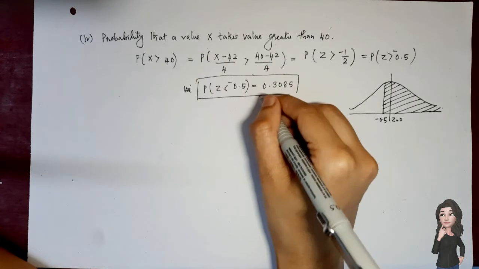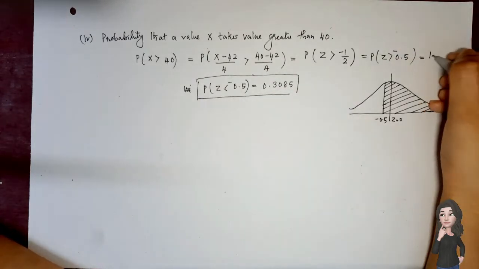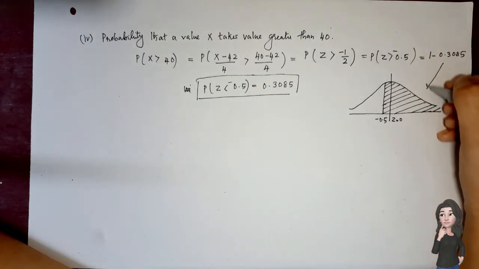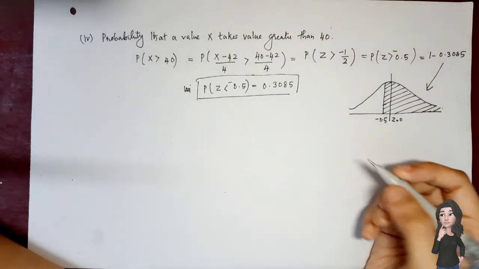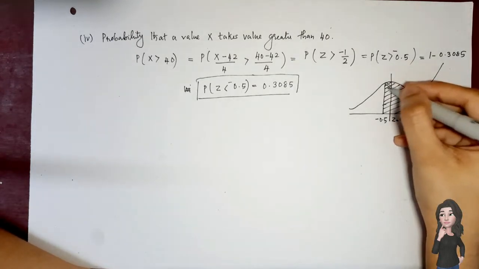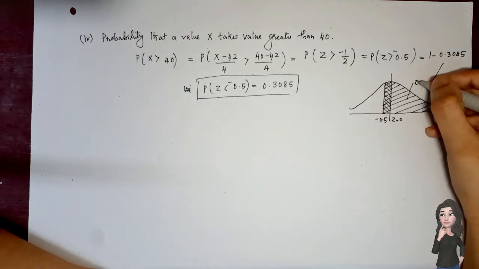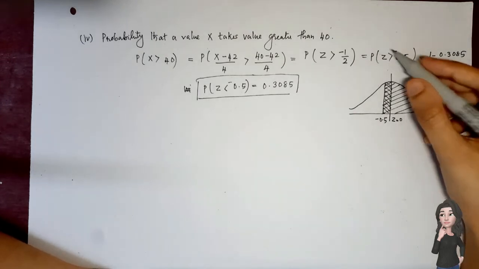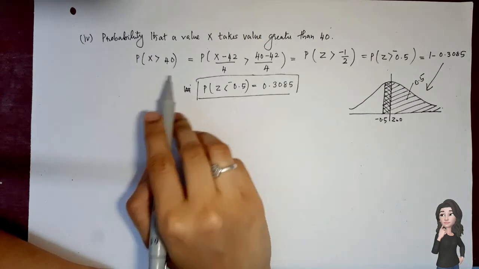Since we know this value, we can directly write it as 1 minus 0.3085, and that will be this probability. Or else we can find this area and add it to 0.5. That also will yield the required probability for x greater than 40.